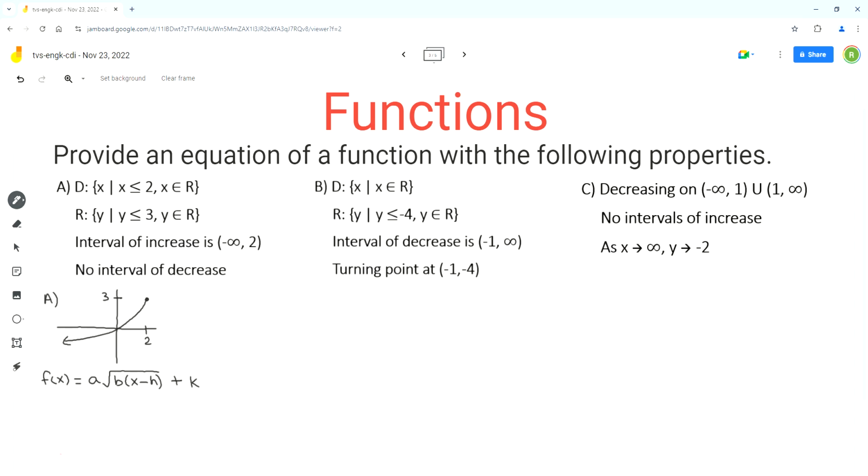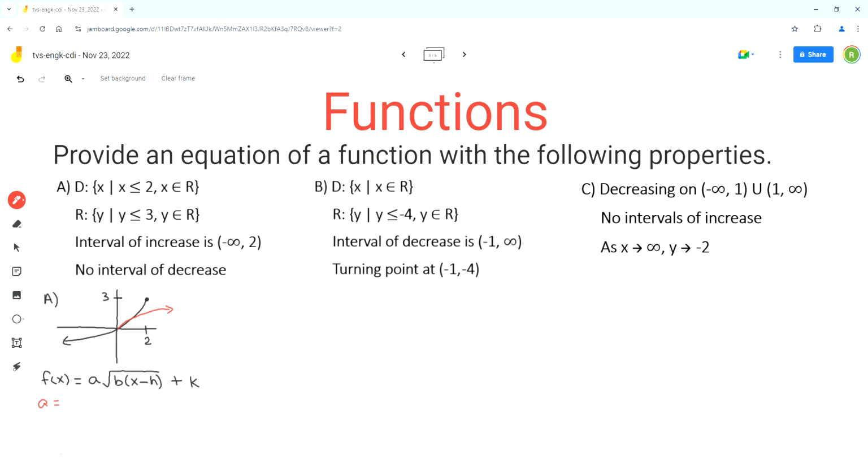If we compare this graph with the graph of the base or the parent function for the square root function, we can see that there is a reflection over the x-axis and reflection over the y-axis and vertical and horizontal translations.